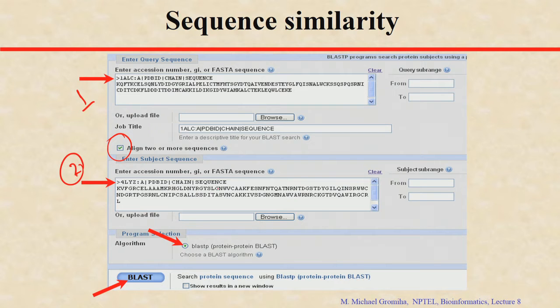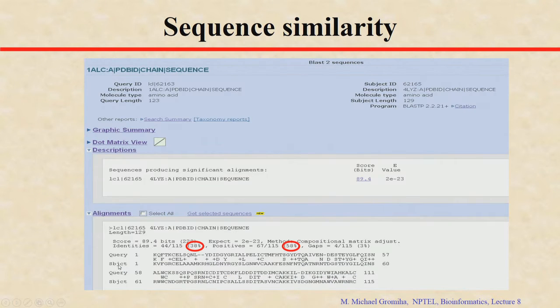In the next box you give the second sequence, and then BLAST. You get this is the query 1 and this is the subject 1. So, you have the alignment here. There are 115 residues, among 115, 44 are the same, and among these 115, 67 are positives.